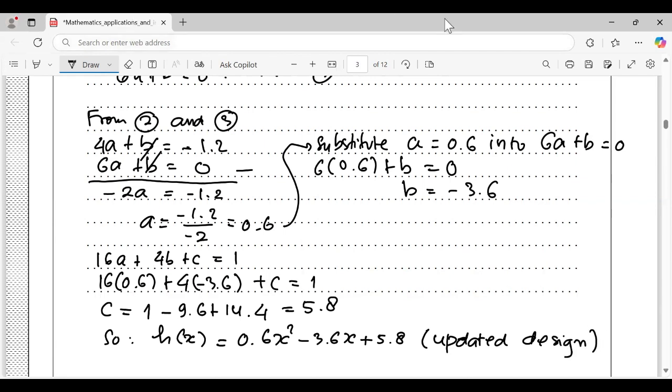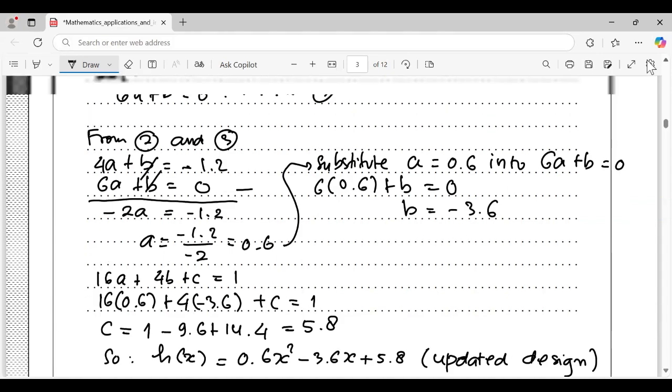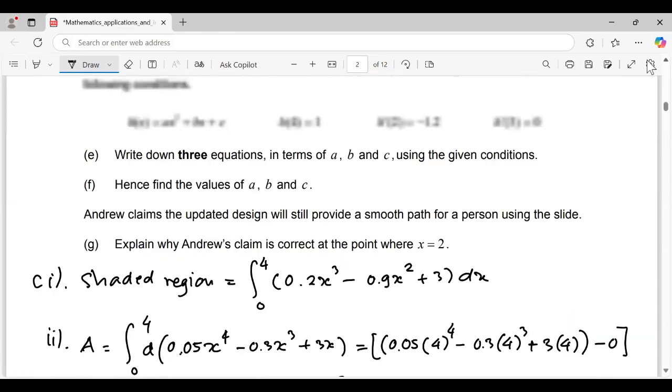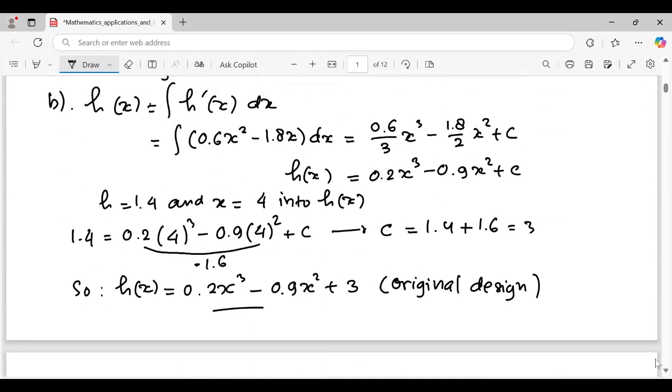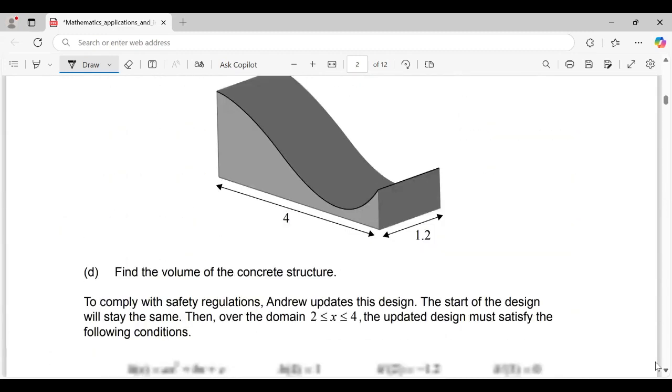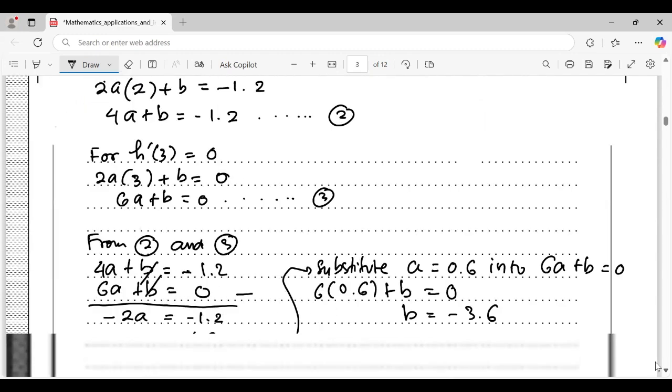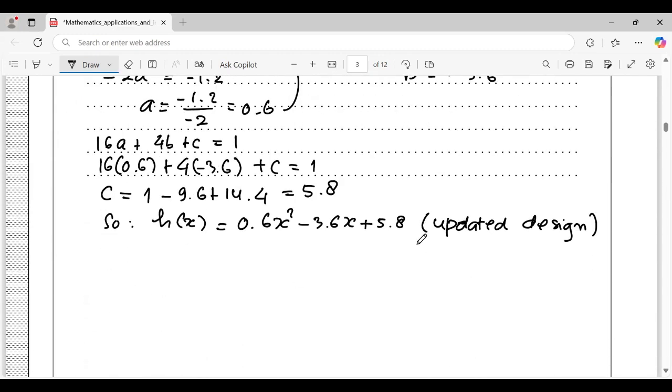Just now, we already found the original design. This is the original design function, and this is the updated design. Right. Next question.